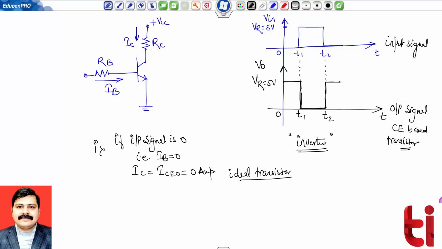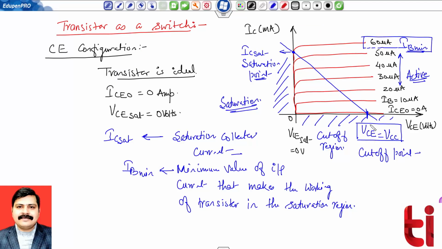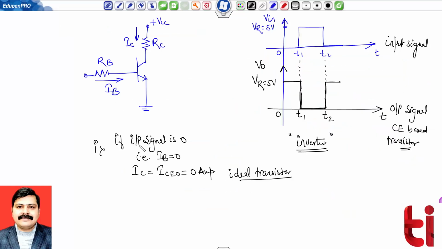Now you can see the characteristic. My ICEO is 0 current, meaning over here IC equals 0 milliampere, and this is lying in which region? In the cutoff region. So this is the functionality of the transistor in the cutoff region, and it behaves like an open circuit for case number 1.